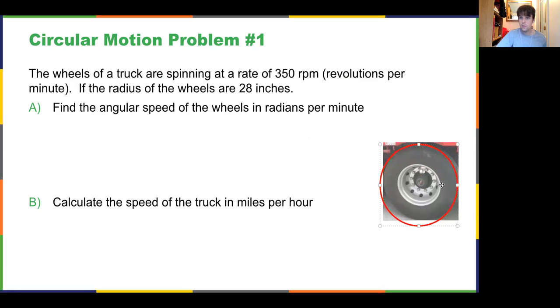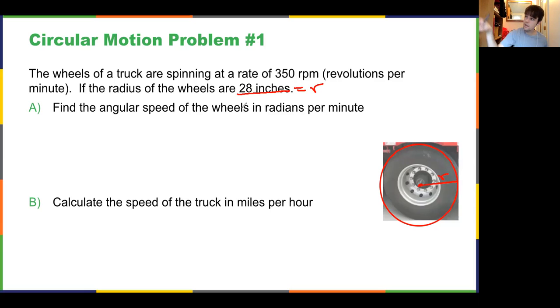If we look at the radius of our circle, that is the radius of the wheel. So that would be our R. And we know that for this problem, the radius of the wheels is 28 inches. That is our R. And they are rotating at a rate of 350 revolutions per minute.